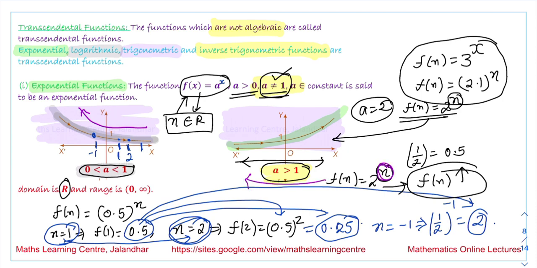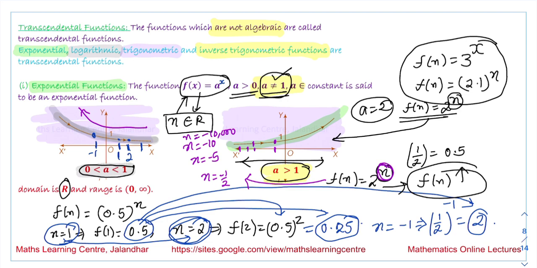Now second thing, if we go on decreasing this value of x, if we put x is equal to -1/2, the answer is somewhere over here. If we put x is equal to -5, the answer is somewhere over here. If I put x is equal to -10, the answer is somewhere over here. If I put x is equal to -10,000, the answer is somewhere over here.